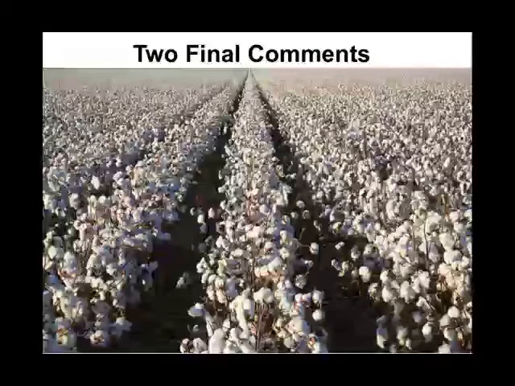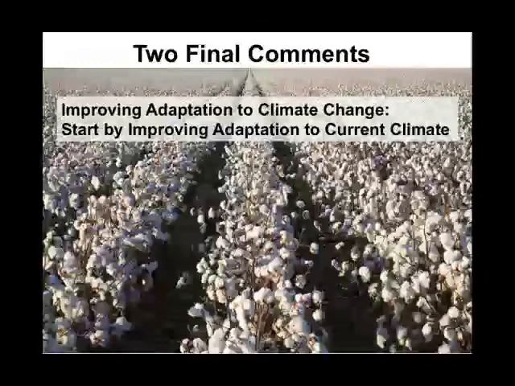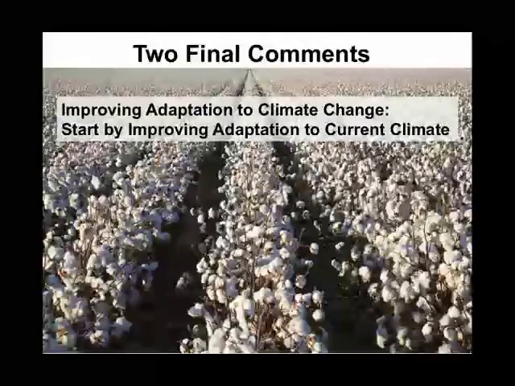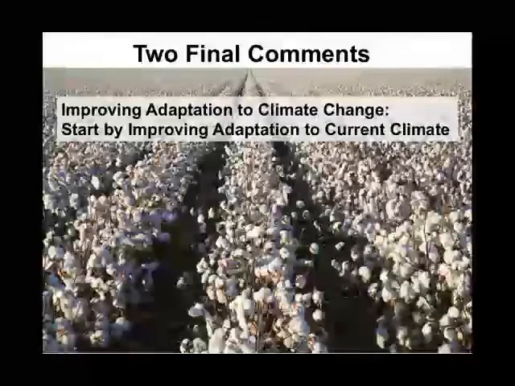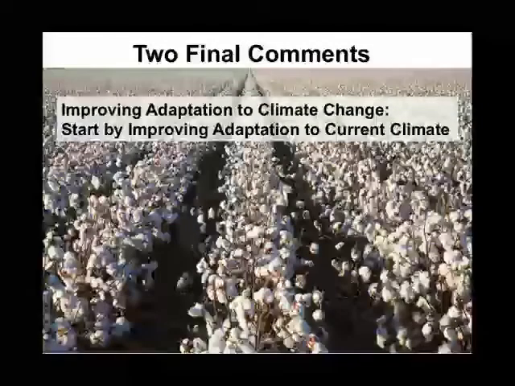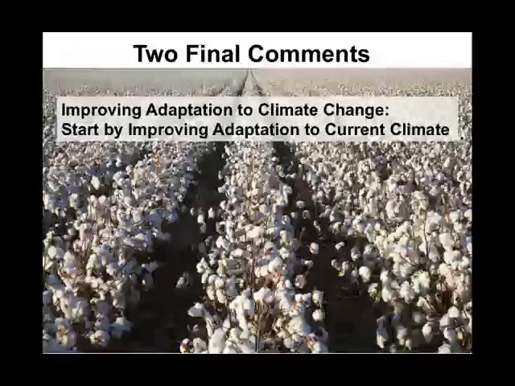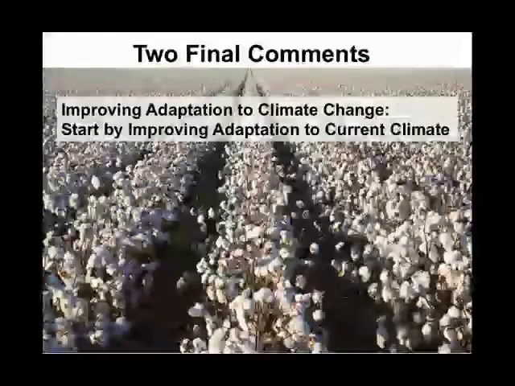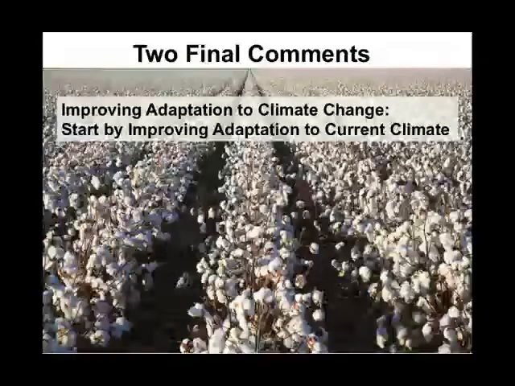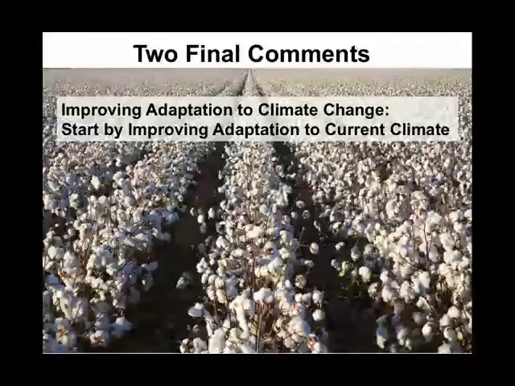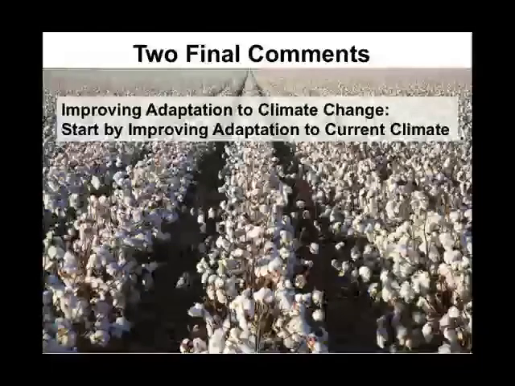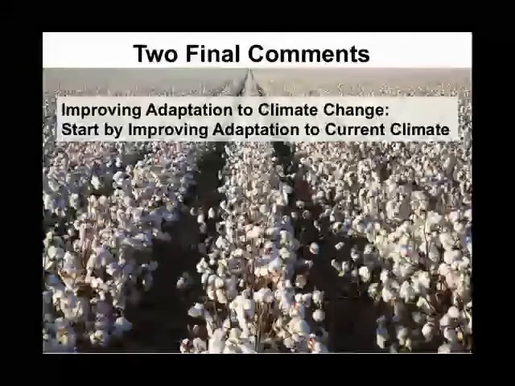So, 2 final comments. One, on adaptation to climate change. I strongly believe that the most effective way to advance in adaptation to climate change is by investing efforts to improve adaptation to current climate. As I said, the scenarios for future climate produced with the best available tools are extremely uncertain.